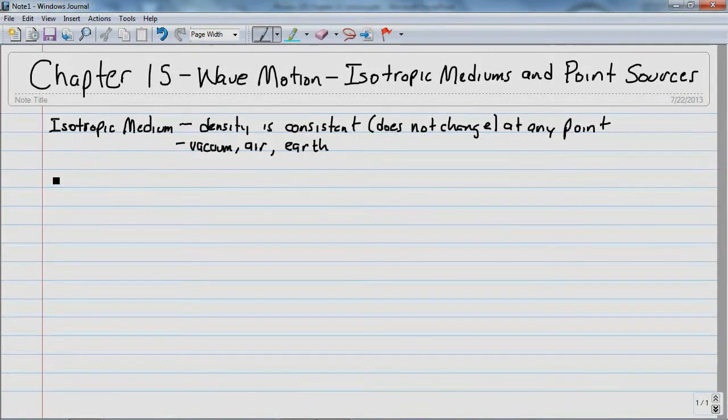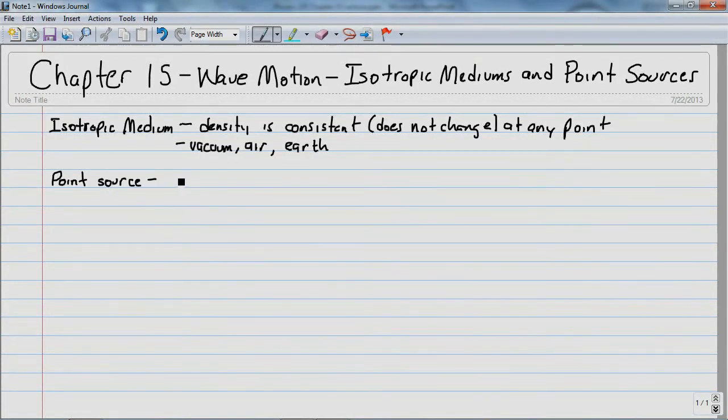Another idealized idea is a point source. These are not really real sources of waves. We normally don't think of a point source exactly, but it comes very close.